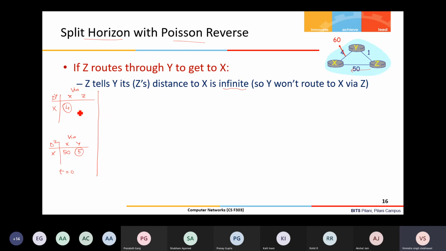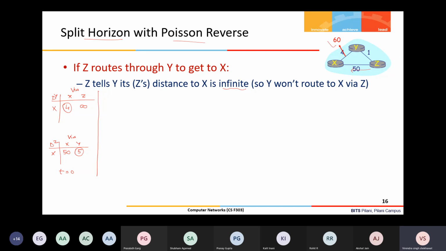So it will say that its cost to X is infinity. Z is advertising that its cost to X via Y is infinity. So it is telling a lie. That's why it's called Poison Reverse: it's poisoning the route with the wrong value.